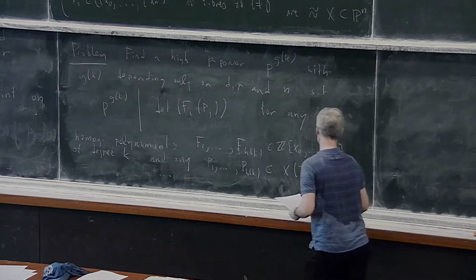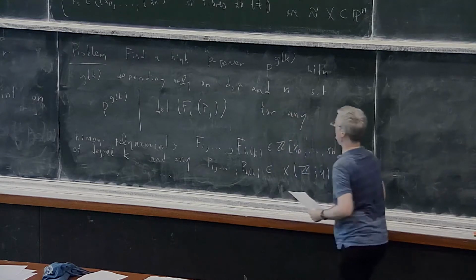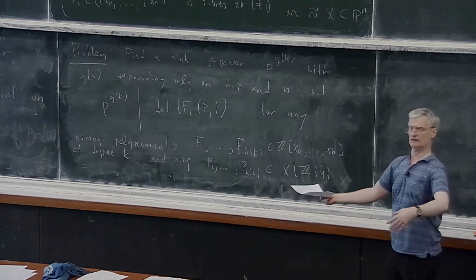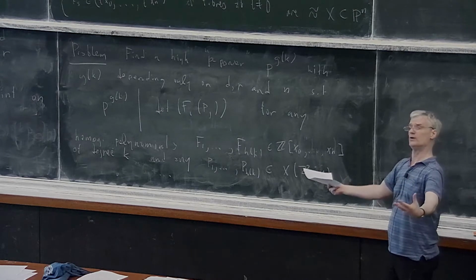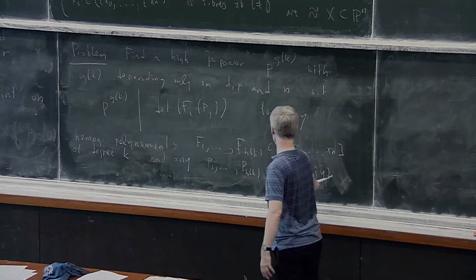And then I look at those which reduce to Y. So the Archimedean size of the coordinates will play no role when you look at congruences. So the only thing I'm interested in is that they reduce to the same.